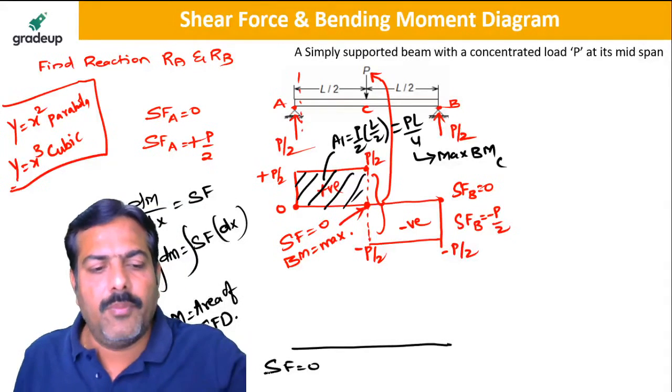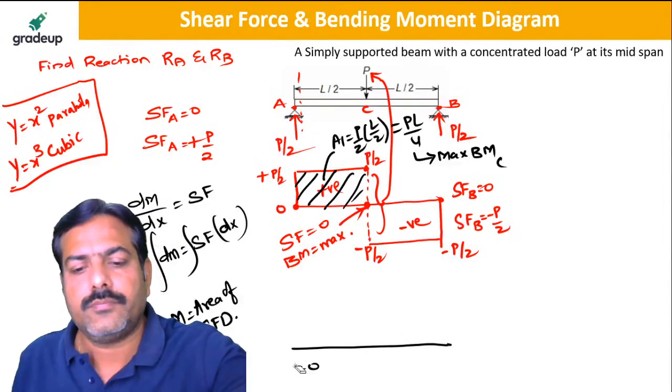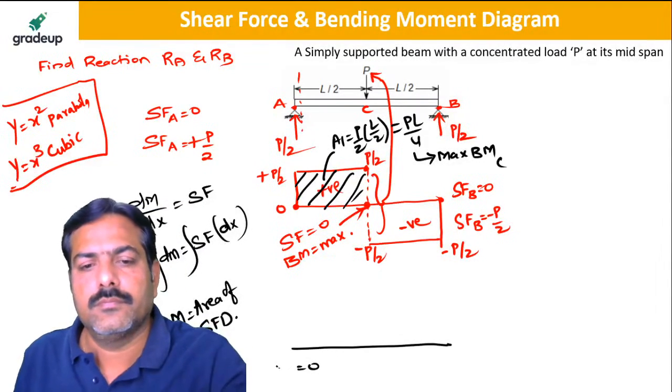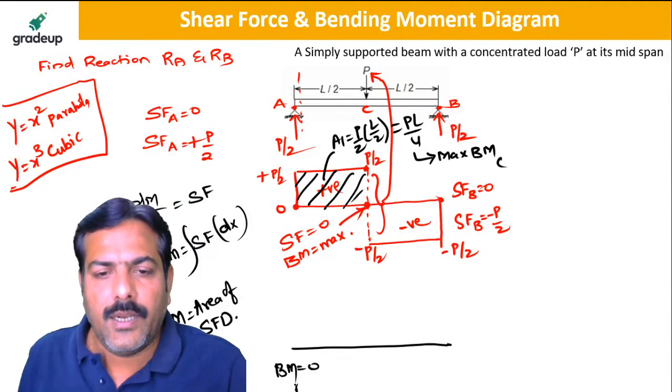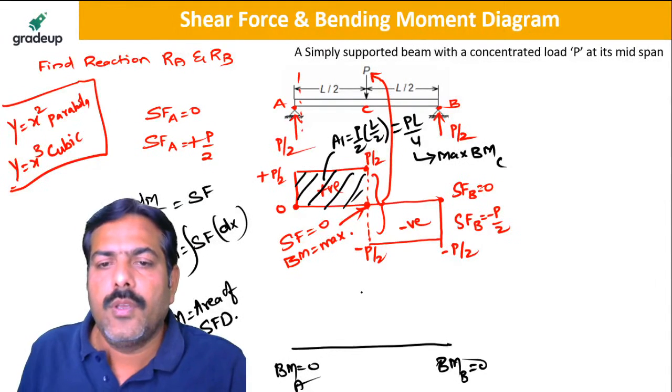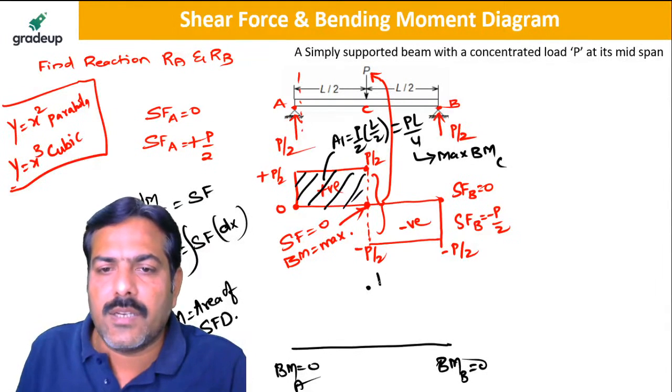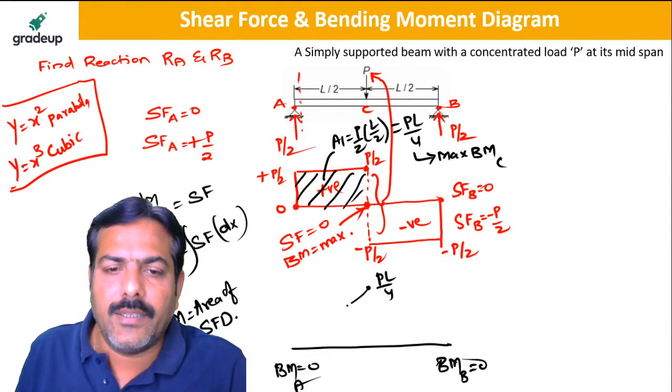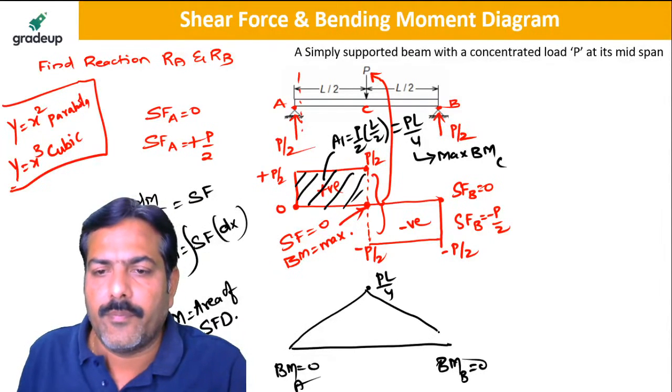Sorry, the bending moment at A is 0. The bending moment at B is also equal to 0. But the bending moment at C is equal to PL by 4, and that too linear.